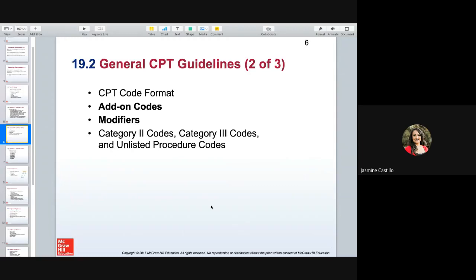So for example, if I did a debridement of extensive eczematous or infected skin, up to 10% of the body, I'm going to select code 11000. But if I did more than 10% of the body, then I'm going to select the code underneath it that has a plus sign, and it's 11001. And this just indicates that for each additional 10% of the body surface, I can bill for that.